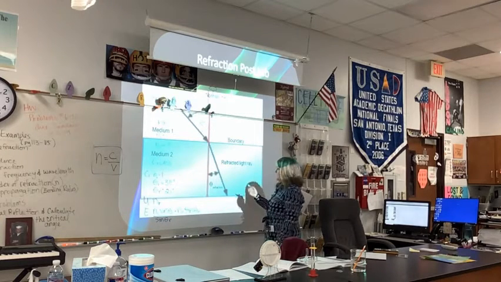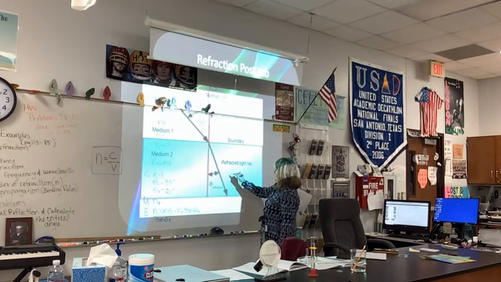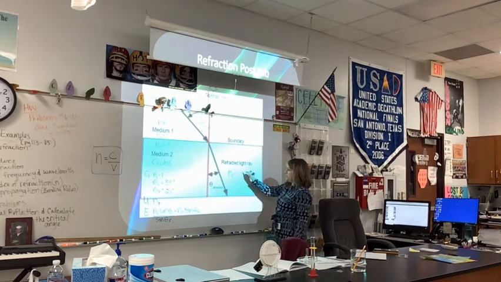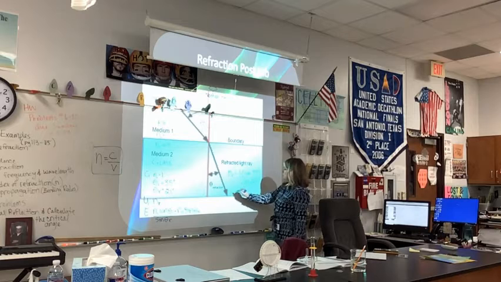So Ni is 1. I'm going to substitute right here. So Nr equals Ni, which is 1, times sine of the angle of incidence, which is 35 degrees, divided by sine of the angle of refraction, or sine 21 degrees.